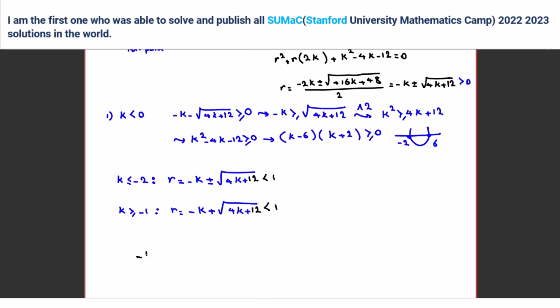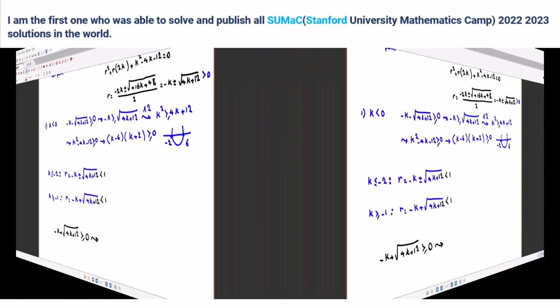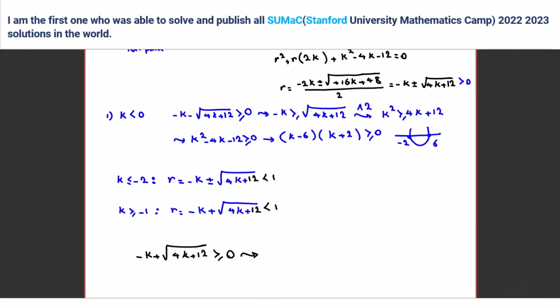So let's also consider this one, negative k plus the square root of 4k plus 12. This one should be positive, greater than or equal to 0. So try to work on this and see k is at most what, okay? Check this one. Okay. So k has to be less than or equal to -2 and greater than 6.